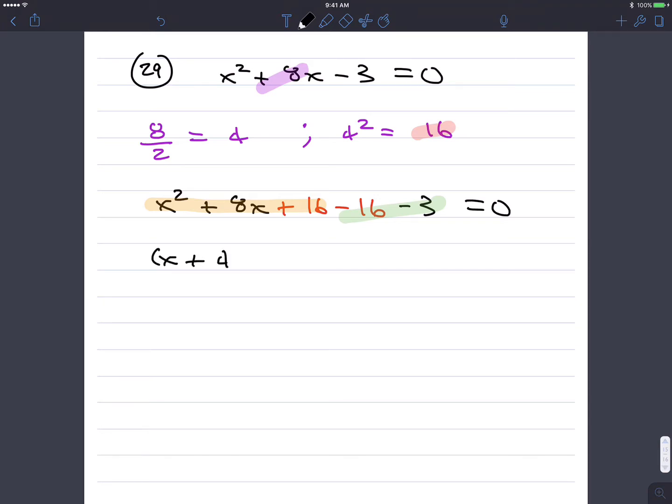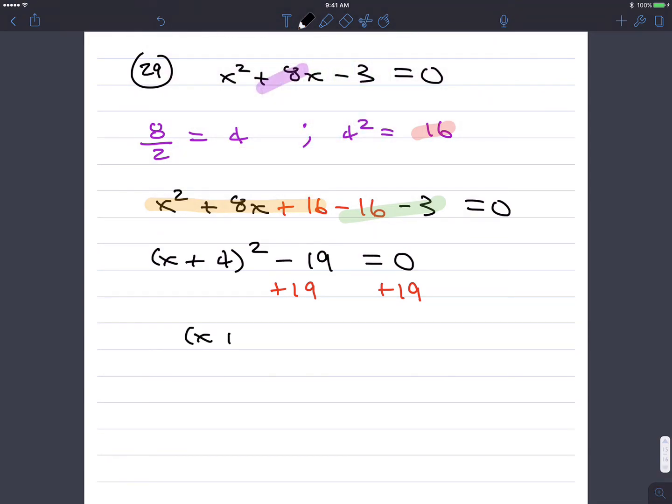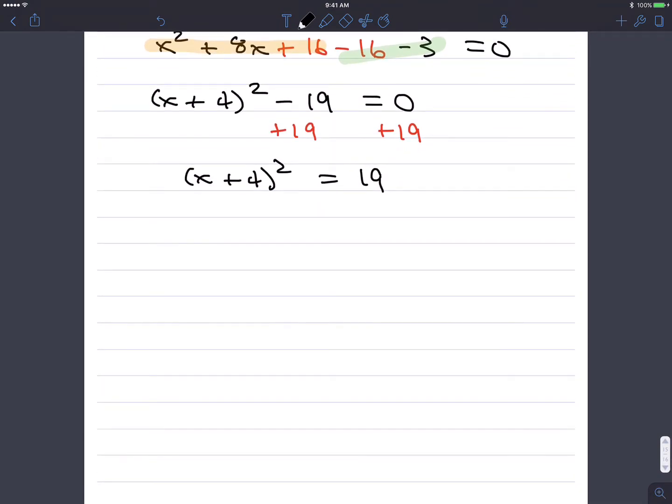x plus 4 squared minus 19 is 0. And add your 19 to both sides. We end up with x plus 4 squared is 19. X plus 4 will be plus or minus square root of 19.